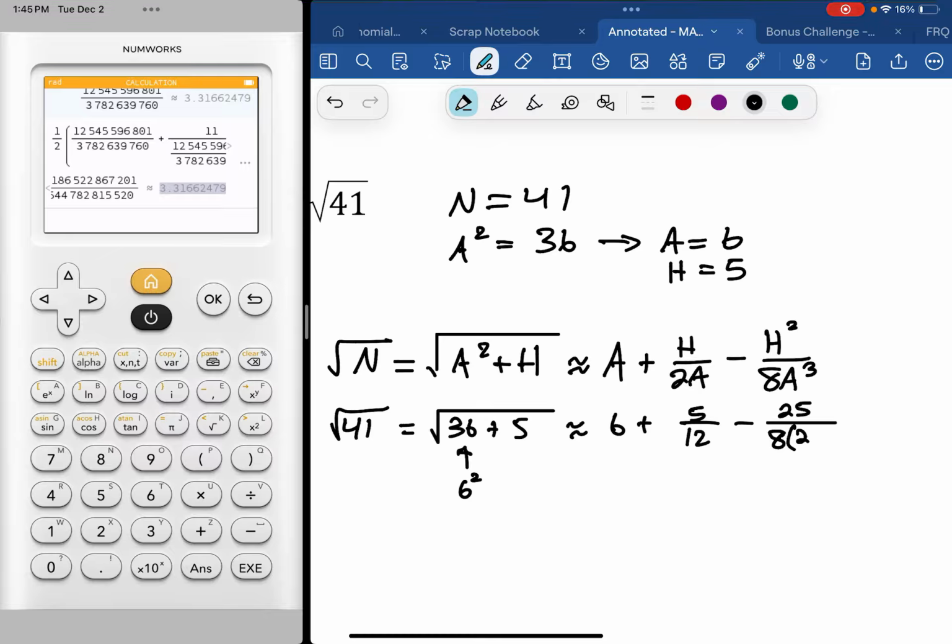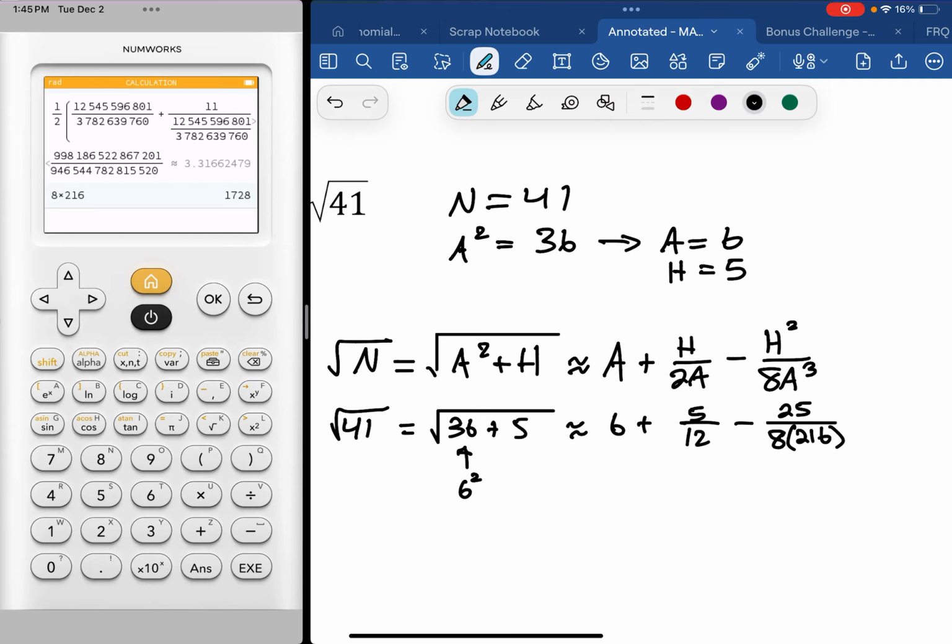So 8 times 216, 6 to the third power. 432, 864, 1728. Yep. All right. So 6 plus 5 over 12 minus 25 over 1728.